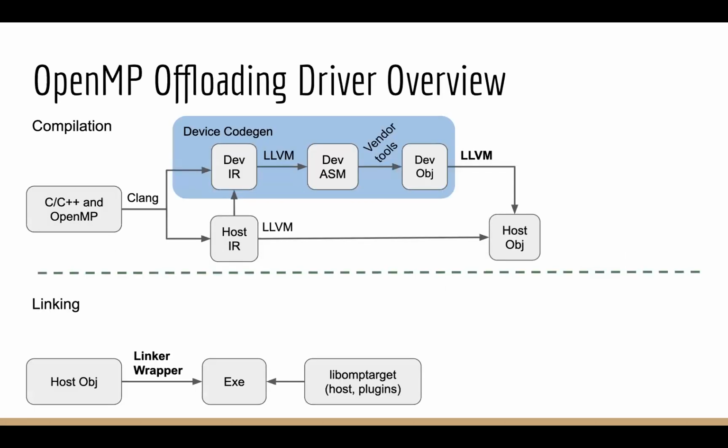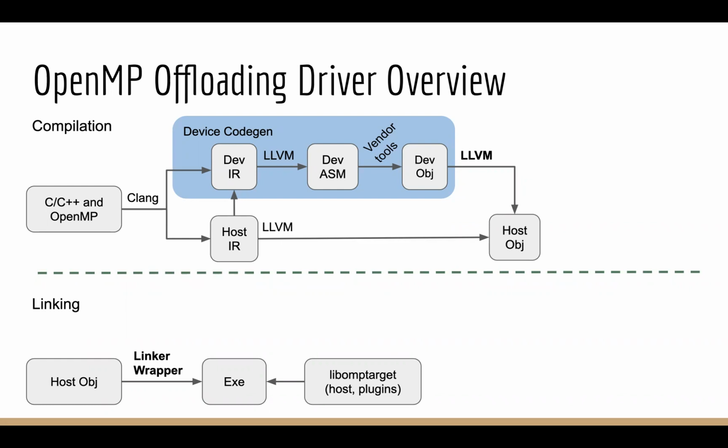So next slide, please. This is a very high-level overview of how we handle offloading compilation now for OpenMP. If we have our OpenMP source files with OpenMP offloading, we will then use Clang to create the IR for both the host and the device. And for the device, we will use the vendor tools to create a device object that will then be embedded into the host object along with where we compile the host IR.